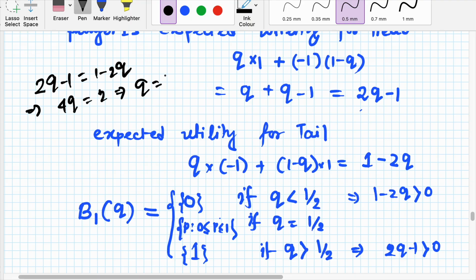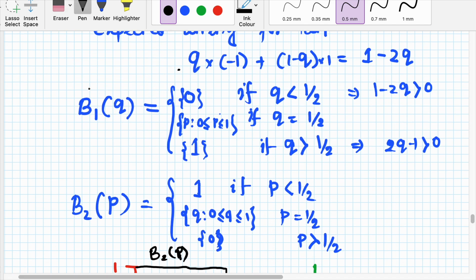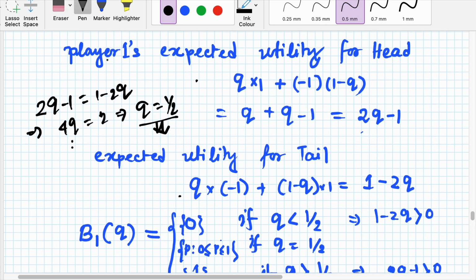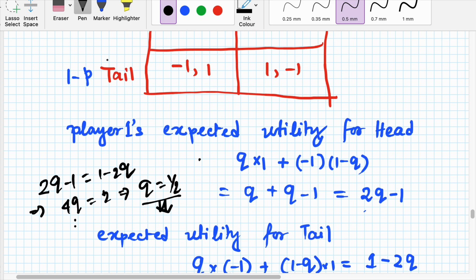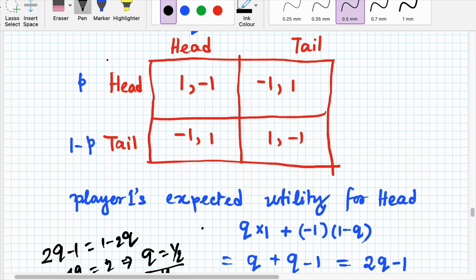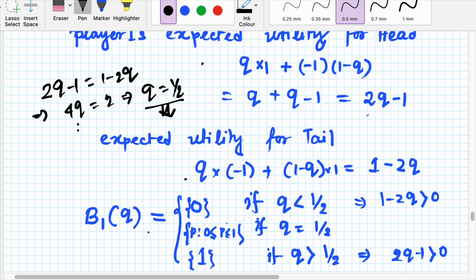That means q equals half, which is the Nash equilibrium strategy of player 2. Similarly, by equating player 2's expected utility for head and tail, we get the value of p, the player 1 strategy corresponding to the Nash equilibrium. That's how one can calculate the Nash equilibrium.